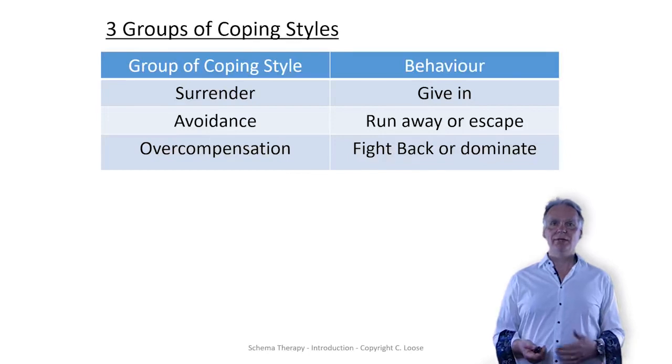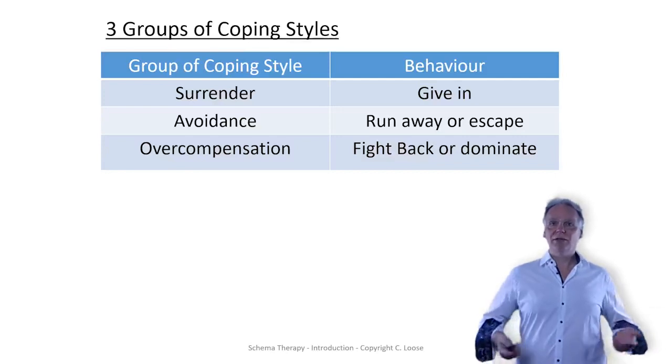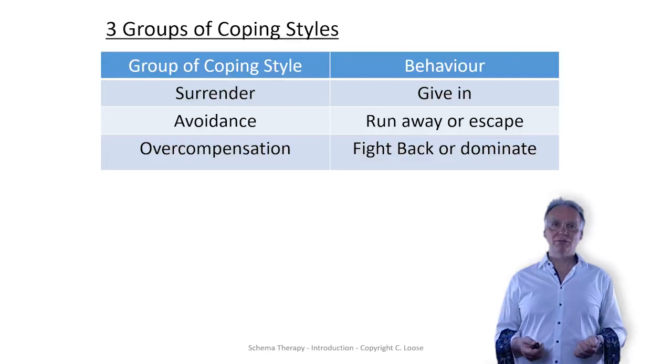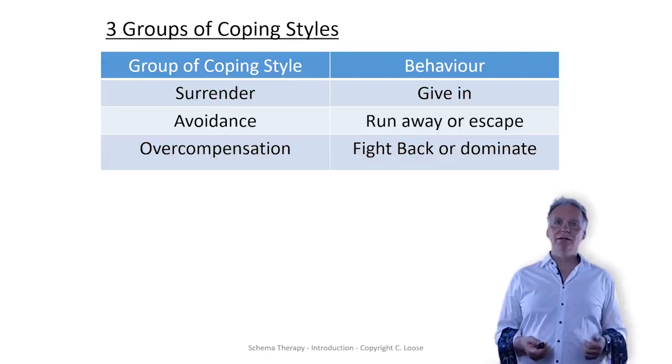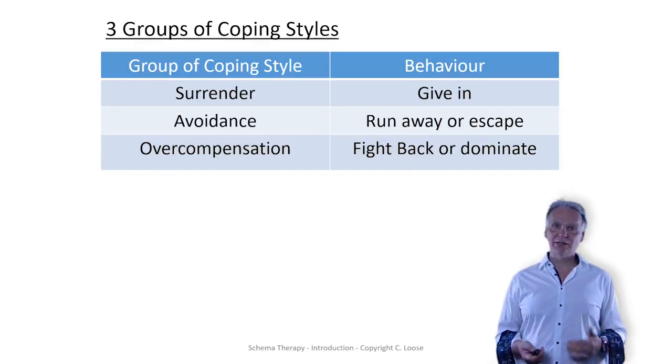And a typical behavior for surrender would be I give in, or I just give up, and I cannot do anything, and I accept what's going on outside, that my schema, for example, is triggered. Another way of dealing with an activated schema is I try to avoid certain situations, or I run away when I'm already in, or I overcompensate and I fight back or dominate the situation.